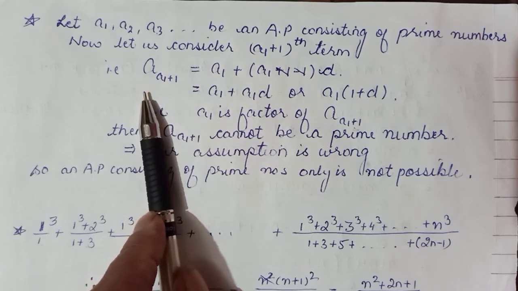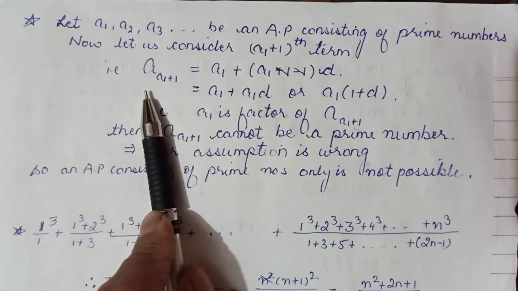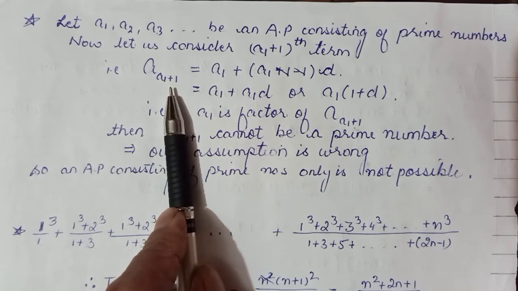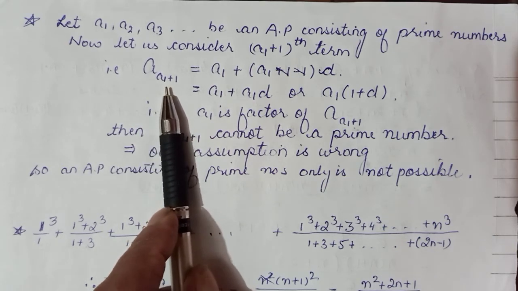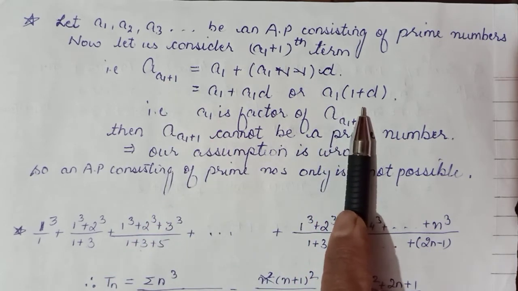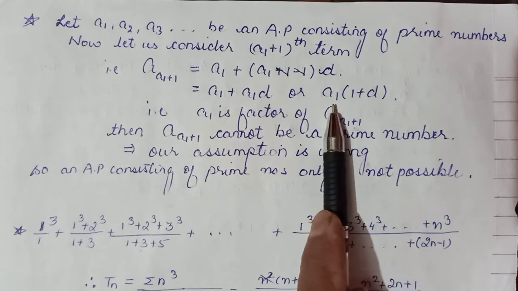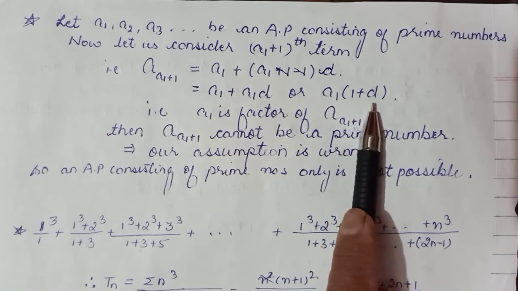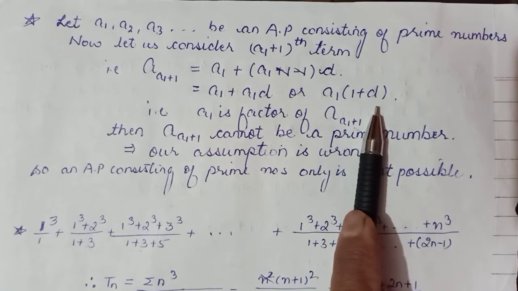All terms should be prime numbers, क्योंकि हमने बोला कि इस AP में प्राइम नंबर्स ही हैं. Okay, so this ought to be a prime number. बट जब हमने इसको सॉल्व करा है तो ये हमें किस फॉर्म में मिल गया है, A1 इंटू समथिंग. ऑलराइट, तो A1 एक प्राइम नंबर था, one prime number multiplied by something else, some other number, then 1 plus something would be some other prime number.